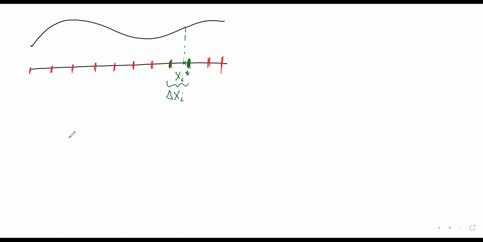And we draw a line up from that point. The height of that line is f of x sub i star. And we use that to create a rectangle, and the rectangle has that as its area.